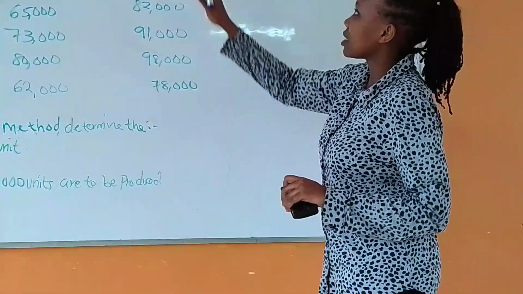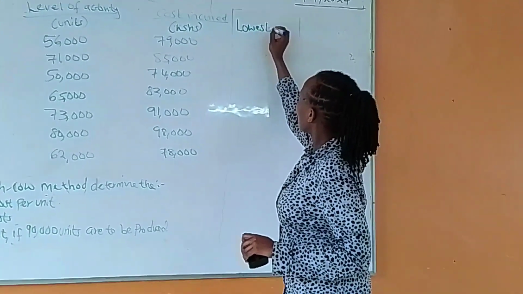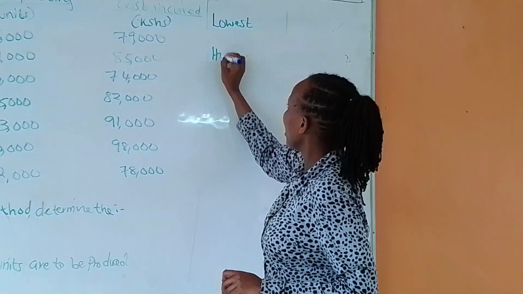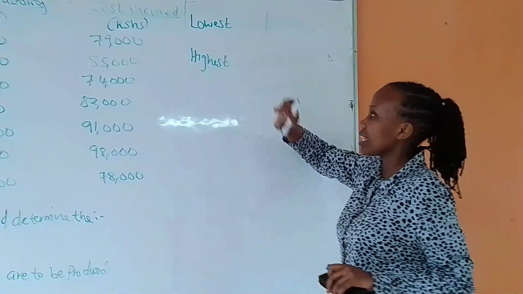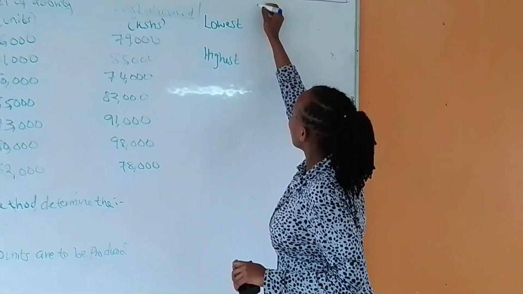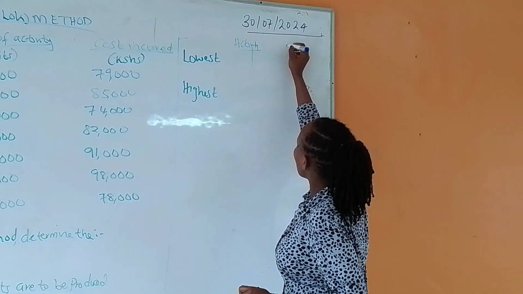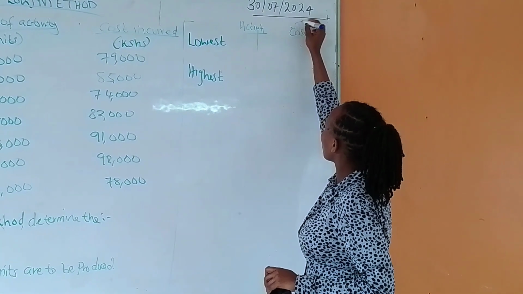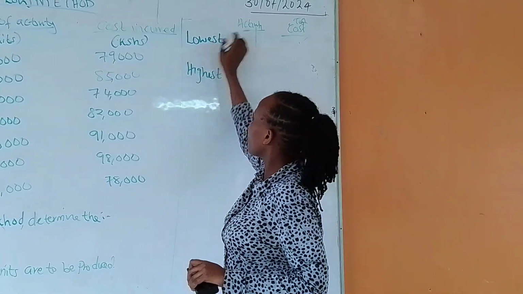To start with, in the high-low method, you take the lowest level of activity and the highest level of activity. So you have to get the 2 points. This one is for the activity, and this one for the cost, the total cost. You look at the lowest activity.